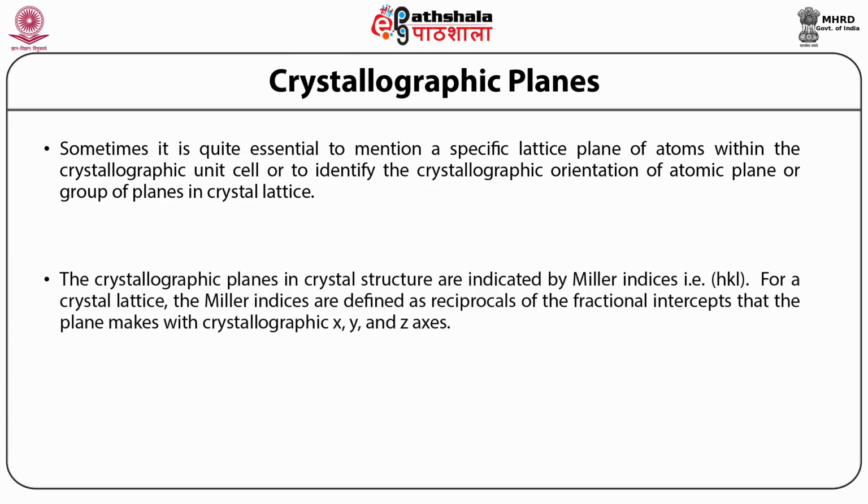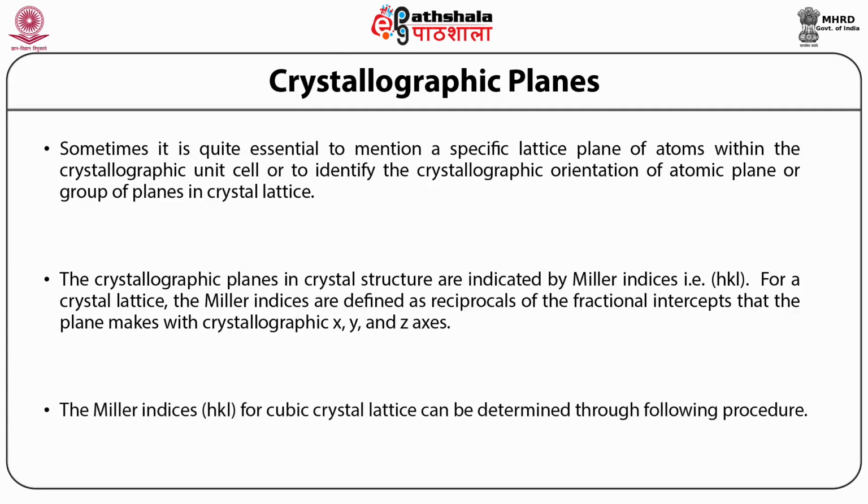The crystallographic planes in a crystal structure are indicated by Miller indices, that is HKL. For a crystal lattice, the Miller indices are defined as the reciprocals of the fractional intercepts that the plane makes with the crystallographic X, Y, and Z axes.